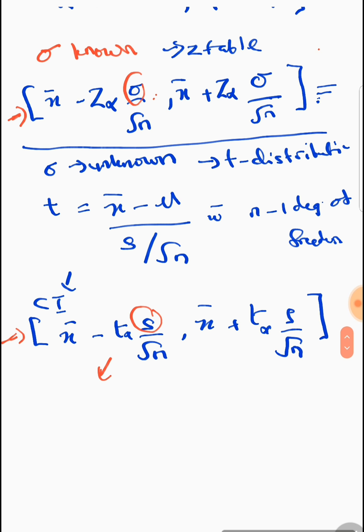And of course, we have a t table. The t table is exactly like your z table. It is used in the same way.